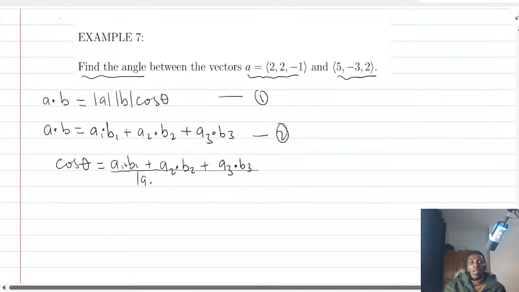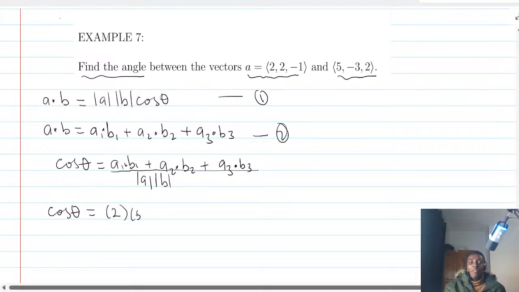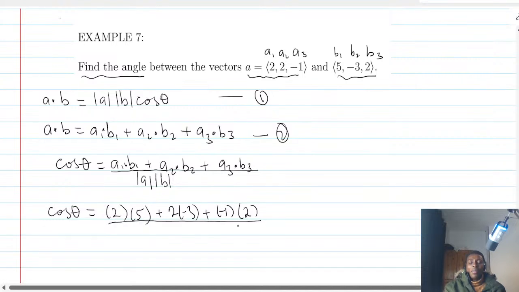times the magnitude of B. All right, so for this one cos theta is going to be 2 multiplied by 5. So this is the A1, this is the A2, this is the A3, B1 B2 B3. So 2 multiplied by 5 plus 2 multiplied by minus 3 plus minus 1 multiplied by 2. Then I divide everything here by the magnitude.